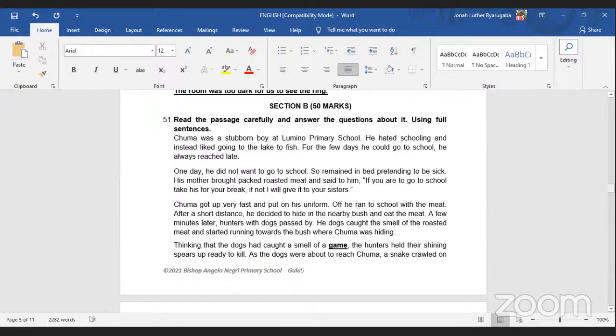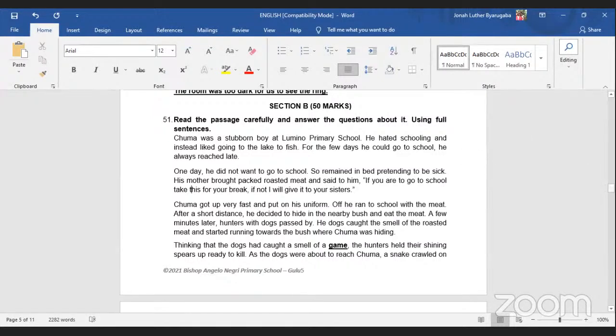One day he did not want to go to school, so he remained in bed pretending to be sick. His mother bought a packed roasted meat and said to him, "If you are to go to school, take this for your break. If not, I'll give it to your sister." Chuma got it. So you can see that the whole passage is about Chuma.